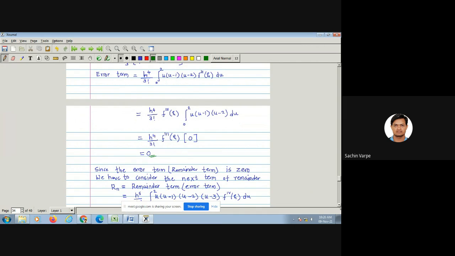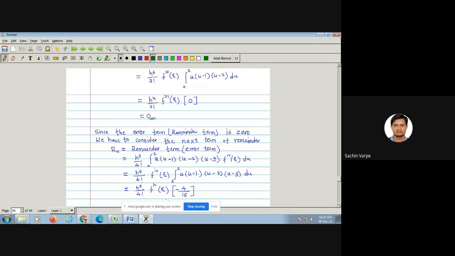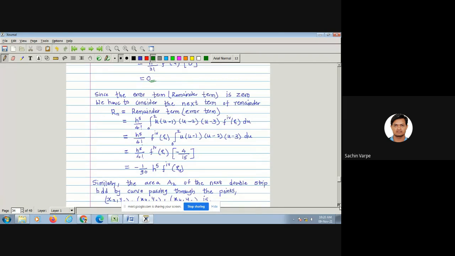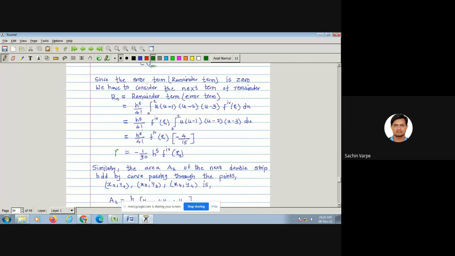So Rn is equal to the remainder term, that is h raised to 5 by 4 factorial, integration from 0 to 2 of u(u minus 1)(u minus 2)(u minus 3), fourth derivative of the function at zeta, du. So that is the error involved in the process, Rn.